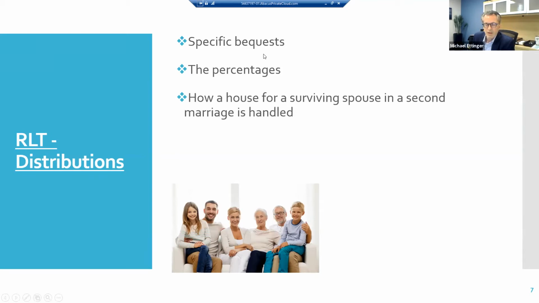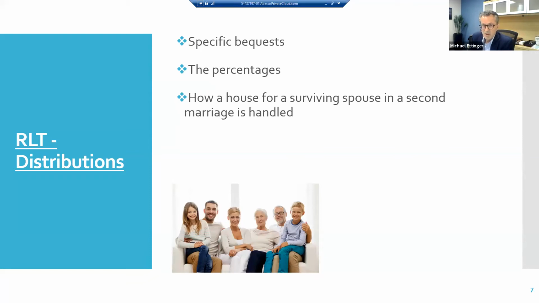Now we want to talk about the very tricky problem of a house for a surviving spouse in a second marriage. So I have seen many, many plans over the years that say, and this is the standard that lawyers use, I leave my wife the right to live in my house for her lifetime. And if she sells the house, the money goes half to her and half to my children.